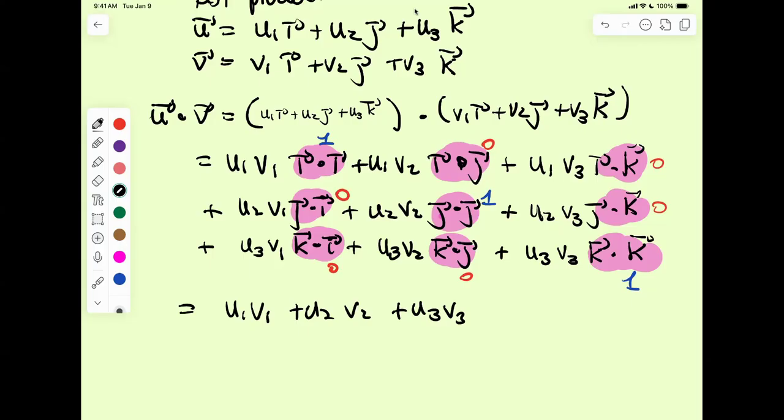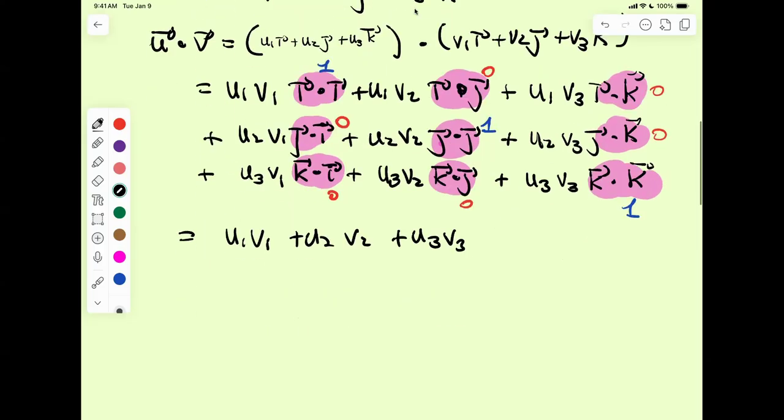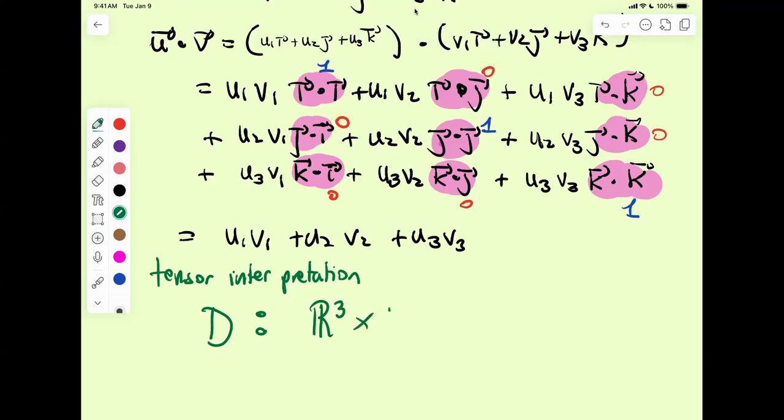Now, how do you interpret this in the terminology that I'm using with the tensors and all this stuff? Here's the tensor interpretation of this. You have an operation, let's call it capital D for dot. D takes two vectors with three entries, u1, u2, u3 and v1, v2, v3, and spits out a number, because the dot product is a scalar.